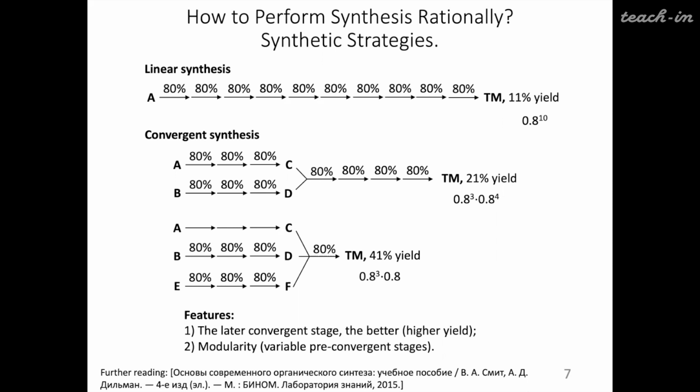So it's better, of course. However, we can engineer the point of convergence later, and we can get a yield of 41% if we delay the convergence point as late as we can.